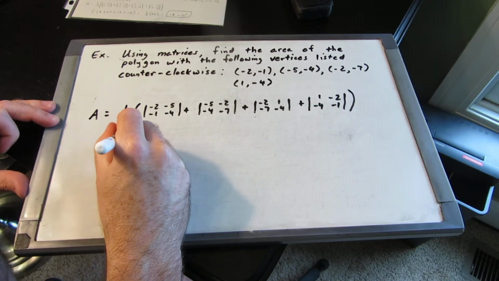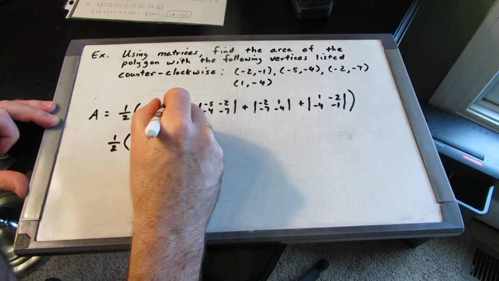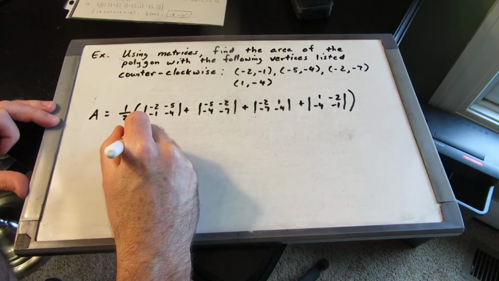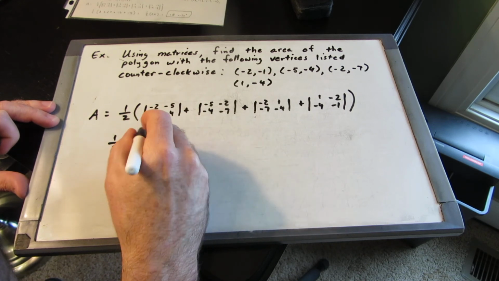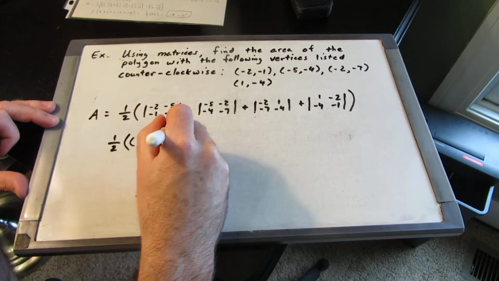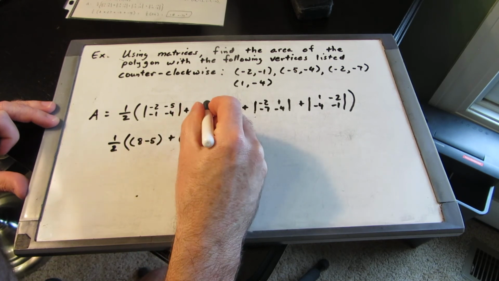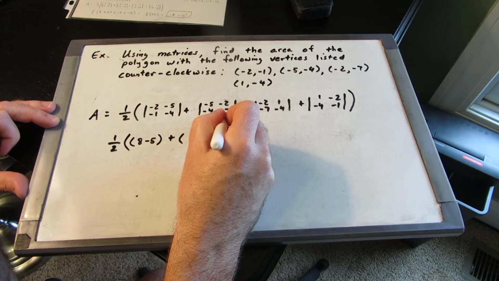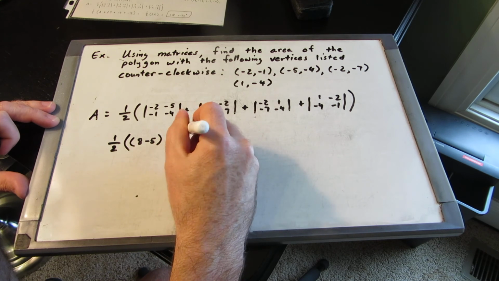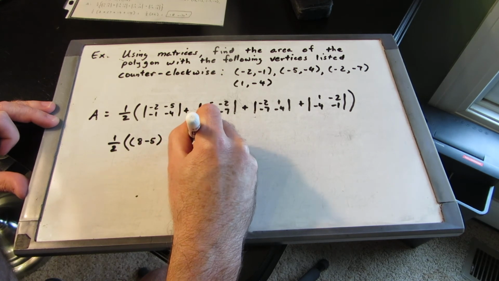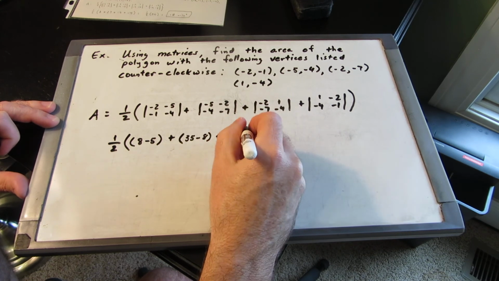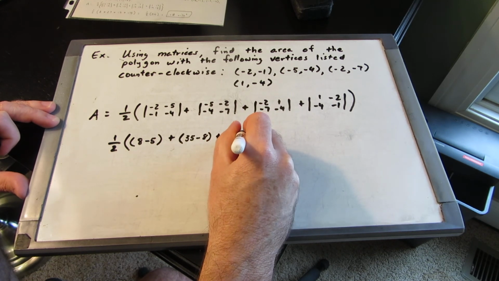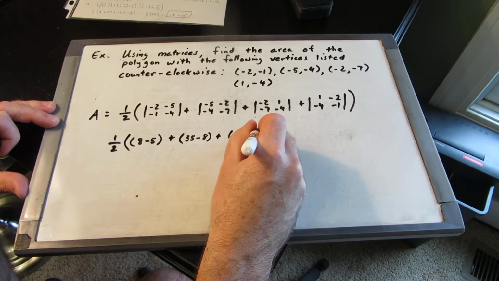So for the area, we've got to figure out the determinants of these. So that's -2 times -4 is going to be 8 minus 5, plus 35 minus 8, plus 8 minus -7, so that'd be 8 plus 7.